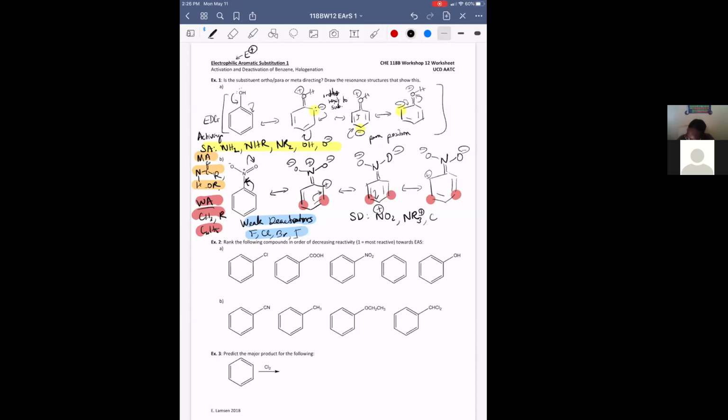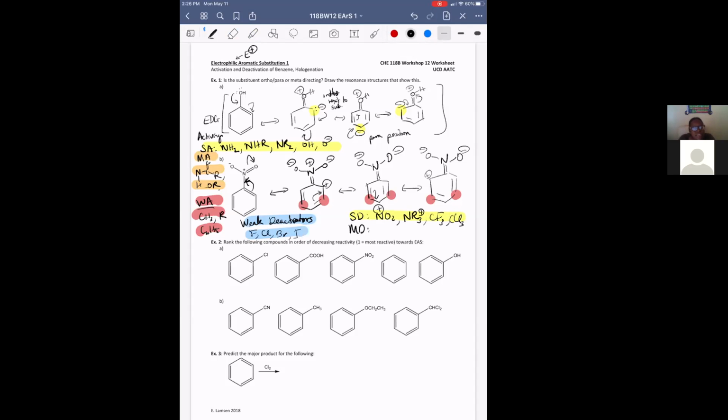We can have any halogenated species, so CF3, CCl3. So our halogenated species are all strong deactivators. So these will be our strong deactivators. We can have moderate deactivators.